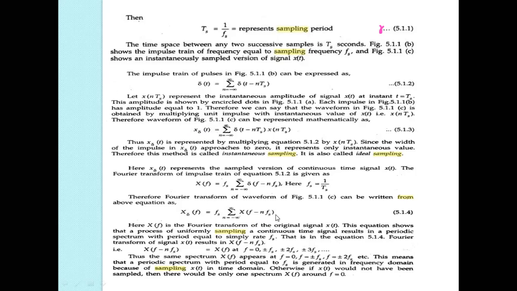My dear students, I already explained in the last class on Saturday how we derive this expression. After the continuous time signal is sampled with the impulse train, the discrete time signal x delta of t is equal to the sum over n from minus infinity to infinity of delta of t minus n Ts, x of n Ts. Again, I will explain clearly. Please listen carefully, my dear students.